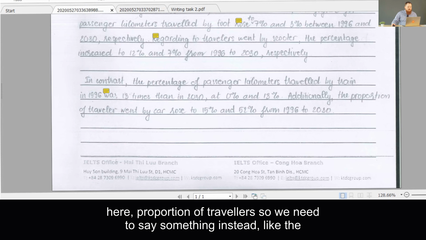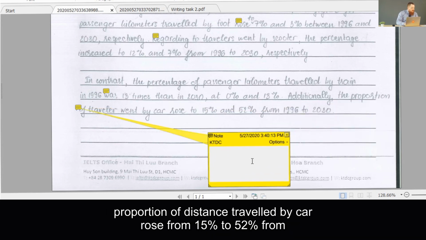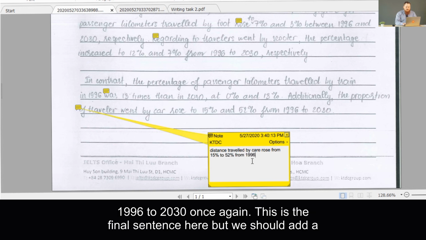So we need to say something instead, like "the proportion of distance traveled by car rose from 15% to 52% from 1996 to 2030", once again.